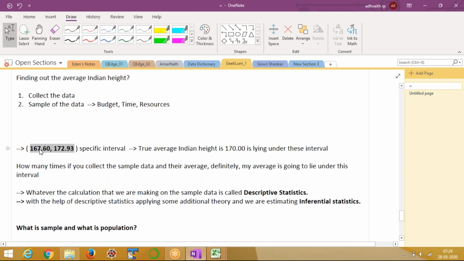That's what I mentioned: the true average Indian height lies under this interval. I am not sure if it is 168 or 170 or 171, but I am estimating it.